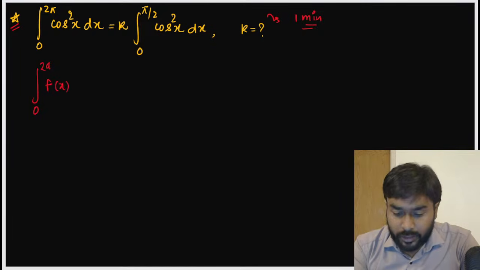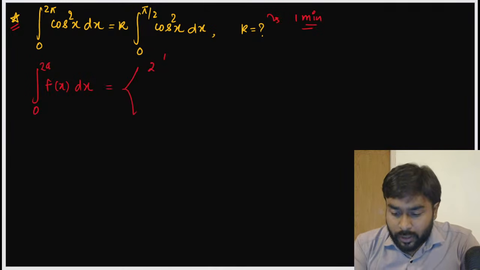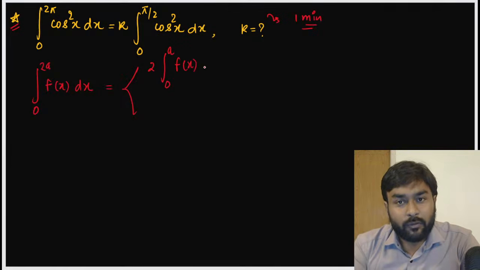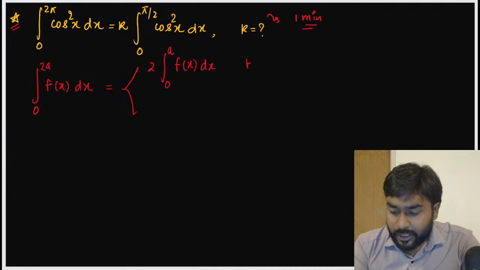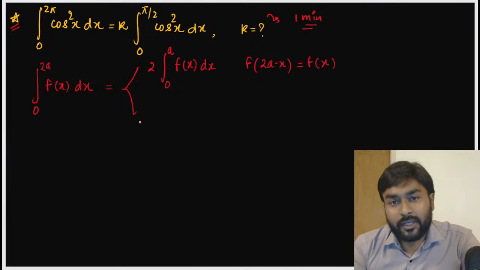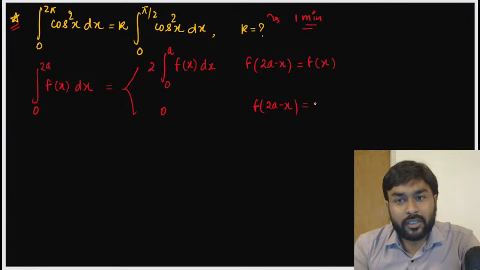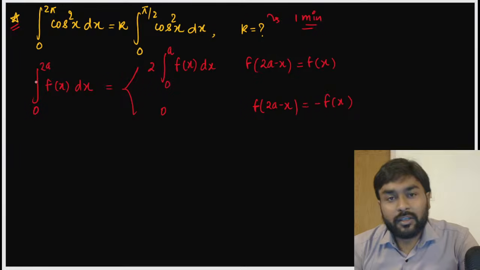This property says we can split the function into two parts. The 2 you can take out, giving the integral from 0 to a of f(x) dx, when f(2a minus x) equals f(x). The second part becomes 0 when f(2a minus x) equals minus f(x). So these are the two cases, and we will apply this property here.